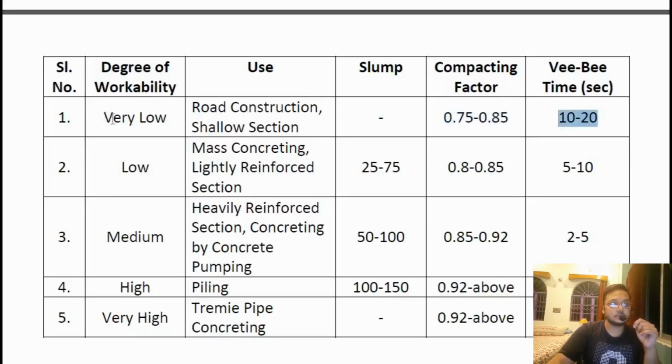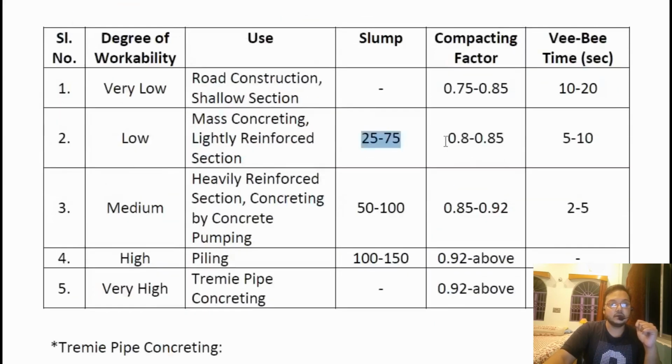The concretes having a very low degree of workability are used for road construction and shallow sections. Low degree of workability will have a slump of 25 to 75, a compacting factor of 0.8 to 0.85 and a VB time of 5 to 10 seconds. Note these slumps are given in millimeters. 25 to 75 is the millimeter slump that the concrete will have.